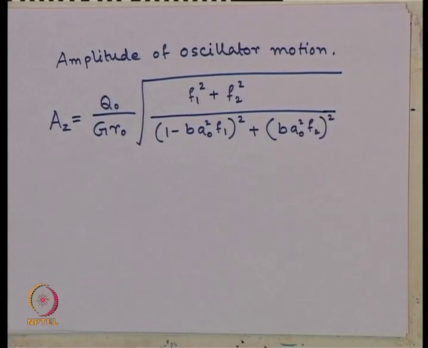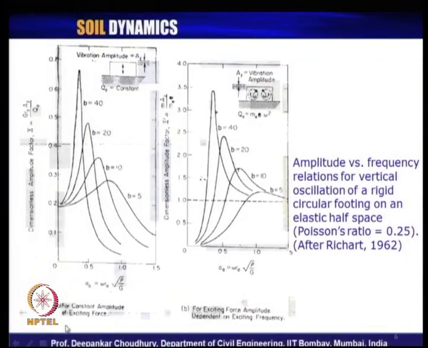Now let us look at this chart, which is given in Richart's book of 1962 for a particular value of Poisson's ratio of 0.25 for two different cases. If you look carefully, the left hand side picture gives the variation of dimensionless amplitude factor.